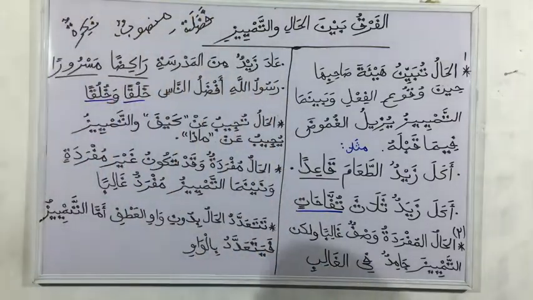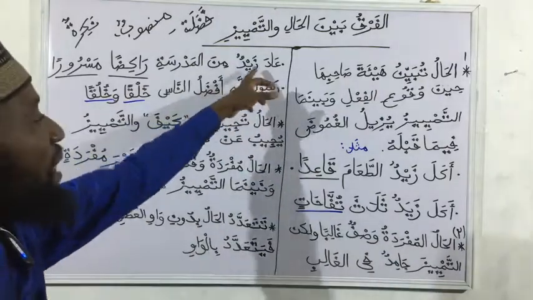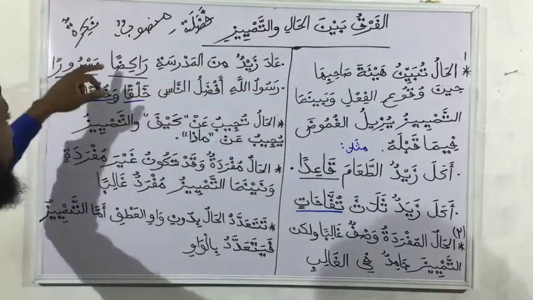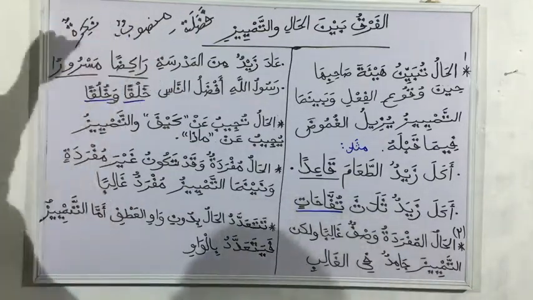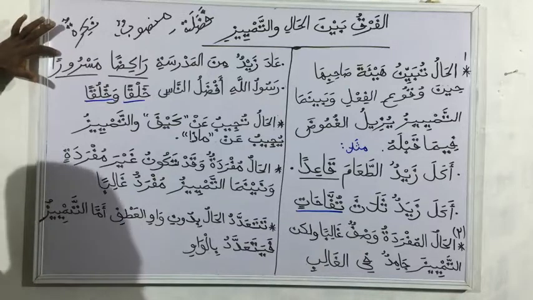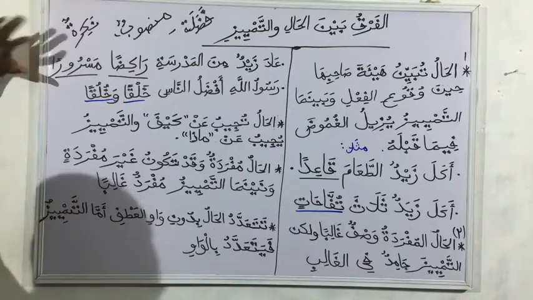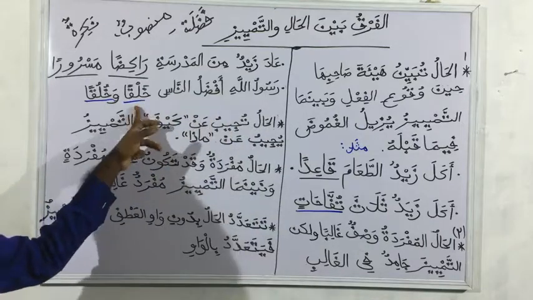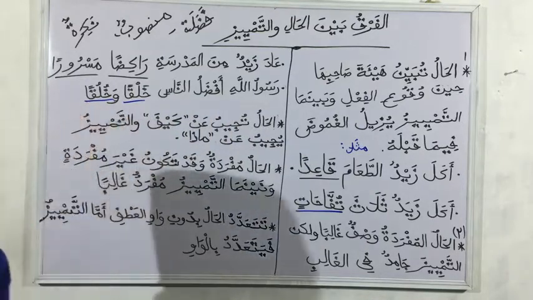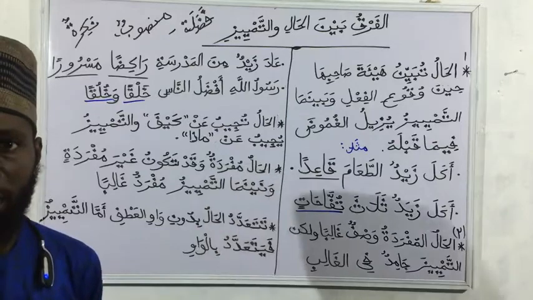Now the third is another example. Zaidun min al-madrasati raqidan masruran. You can see this is ismul fa'il, a wasf. This is ismul maf'ul, which is also an adjective. Can we see? Now let's look at this tamyiz. Rasulullah afdalun nas khalqan wa khuluqan. Khalq, creation, as a creature, is a static noun, a jamid.